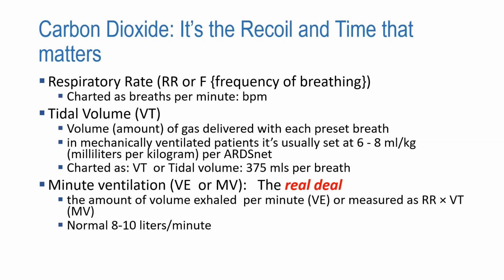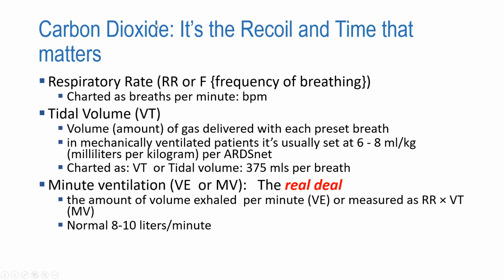When my patient is retaining CO2, so CO2 is above 45 and the pH is down from perfect, they have a primary respiratory acidosis. The first thing I'm going to think about is what is their respiratory rate and what is their tidal volume? Because these two things are going to affect CO2 mobilization. So I want you to really separate this here.